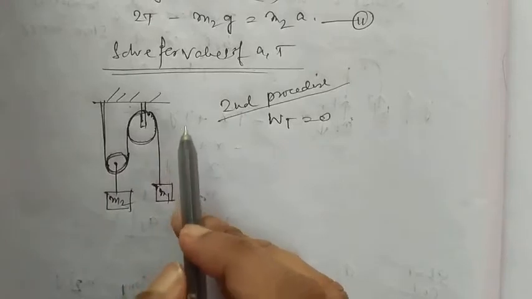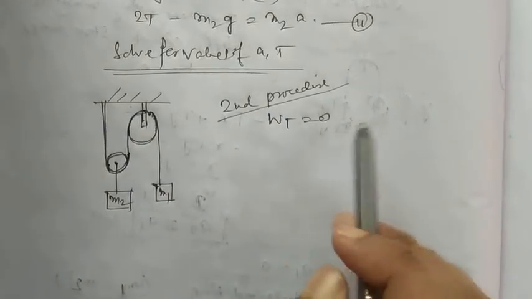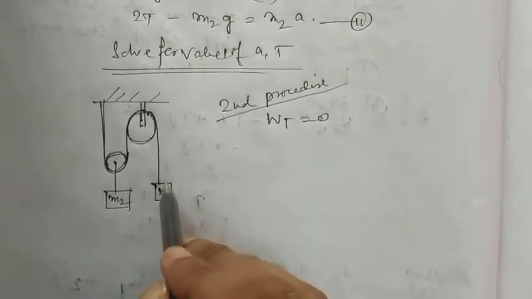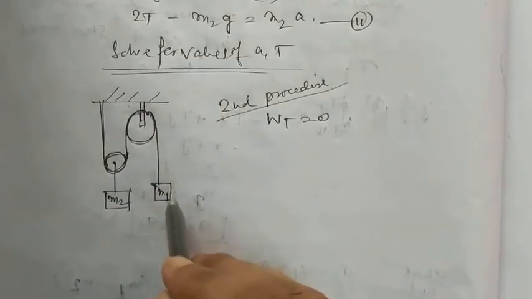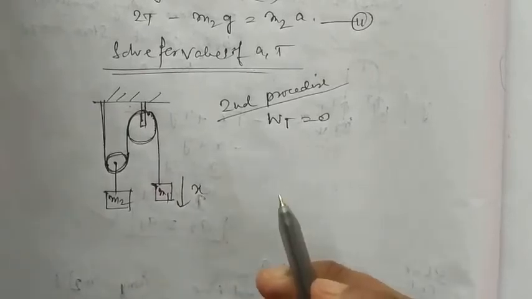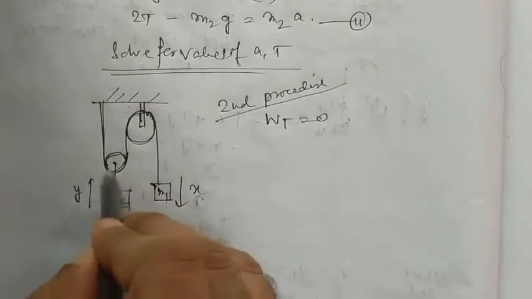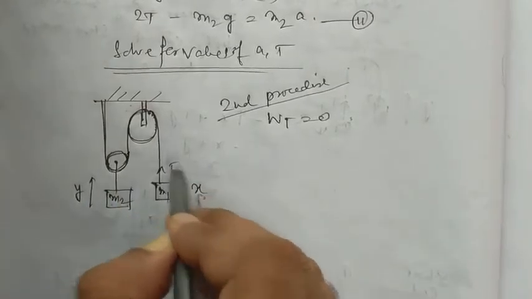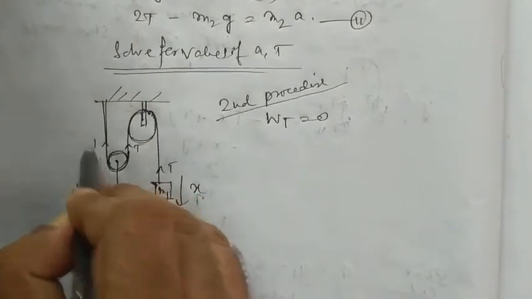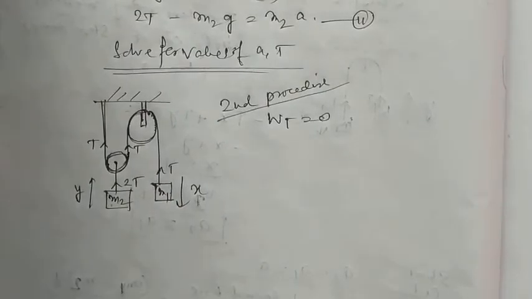Now we try to solve the same problem using the second procedure, the work energy principle. Now suppose this M1 moves down a distance x, and this M2 moves up a distance y. So writing the tensions in the diagram, T, and the tension acting on M2 is 2T.